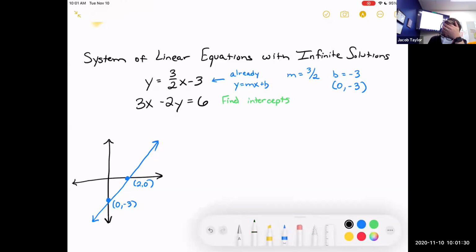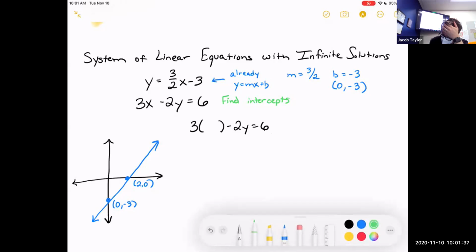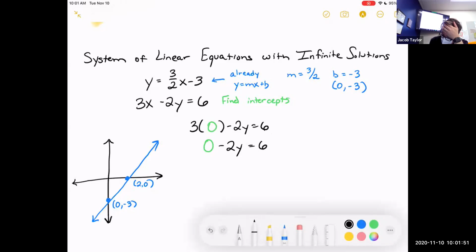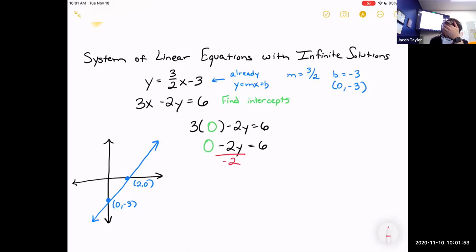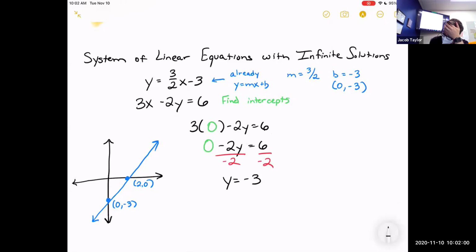So the way you find the y-intercept is by replacing the x with 0. Three times 0 is 0. And if I divide both sides by -2, it'll be -3. So y equals -3. So that means my coordinate is 0, -3.